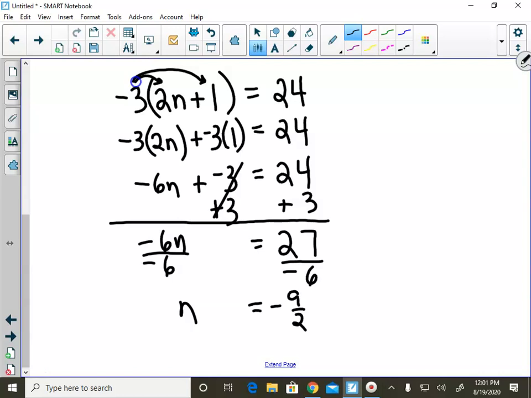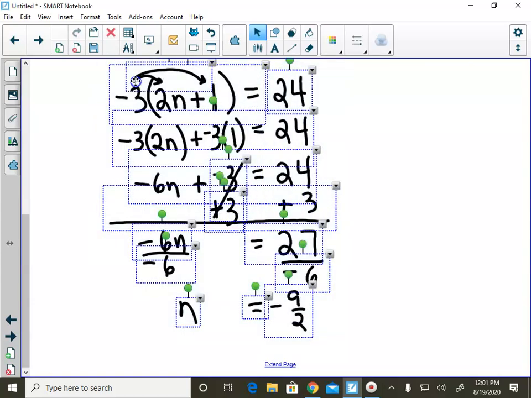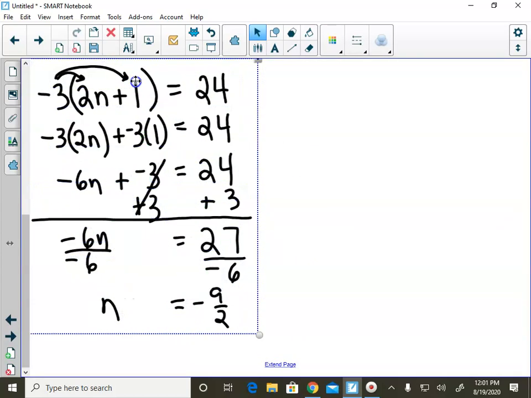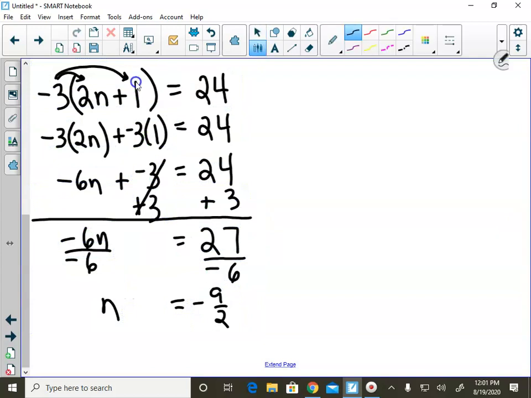Now, like I said before, there is a second way to solve the problem, and I'm going to see if I can show that to you right now. I'm just going to move this over a little bit. Okay, so our original problem was negative 3 times 2n plus 1 is equal to 24.